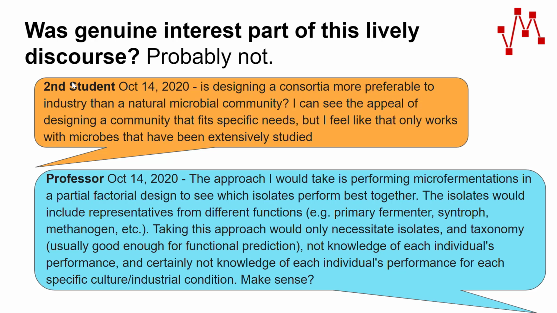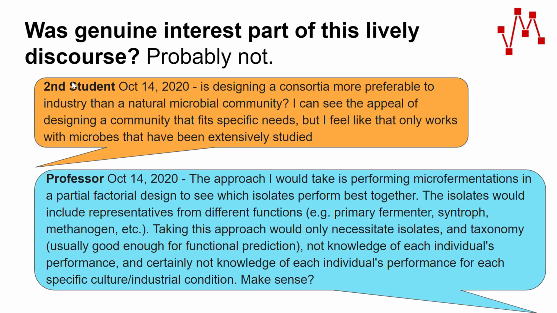It is hard to tell if the student here even read the first student's question and my response to the first student's question. The student may have just added their inquiry to the same region of text. I responded, though, the approach I would take is performing microfermentations in a partial factorial design to see which isolates perform best together.